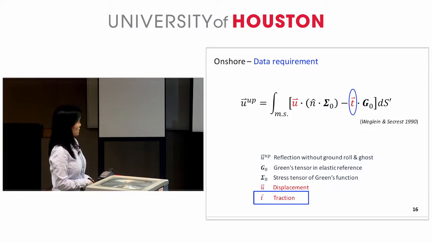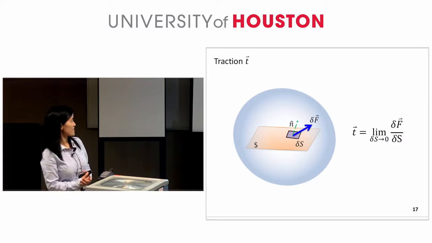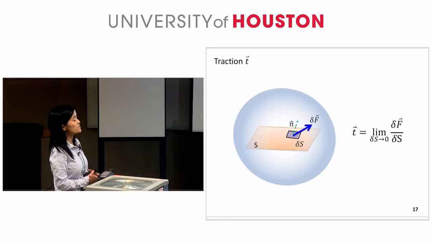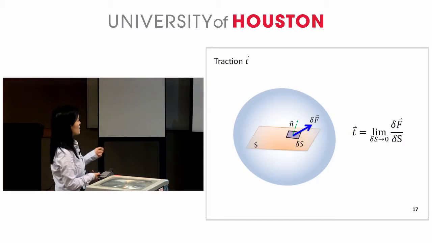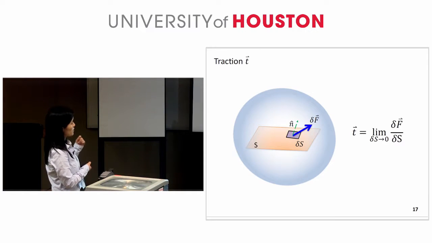Next, I'd like to use a simple picture to remind you of the fundamental definition of traction. Imagine you have an internal surface S inside this continuous medium, and the normal vector is n here.